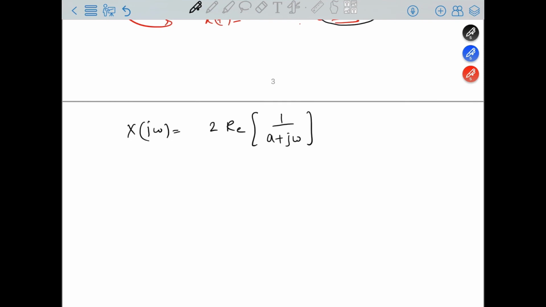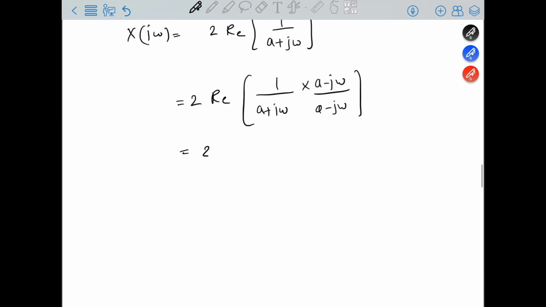So just multiply this with the conjugate. We will get a minus j omega over a plus j omega multiplied with a minus j omega, and take the real part of this. So this will be equal to 2 times the real part of a by a square plus omega square minus j omega by a square plus omega square.